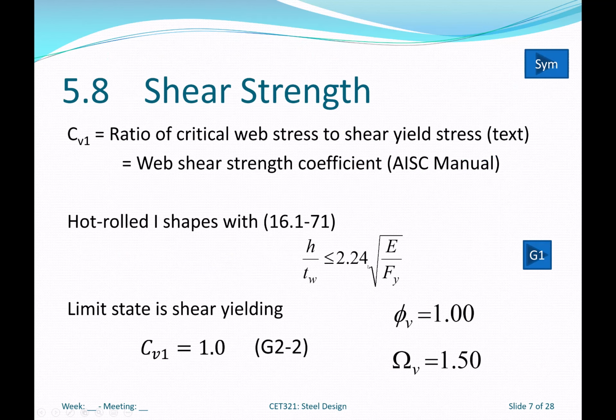So now getting into the specification, C sub V1, which means there's also a C sub V2.